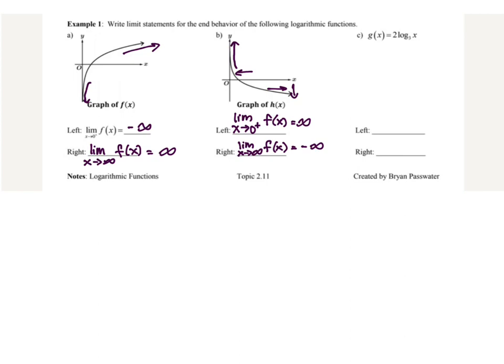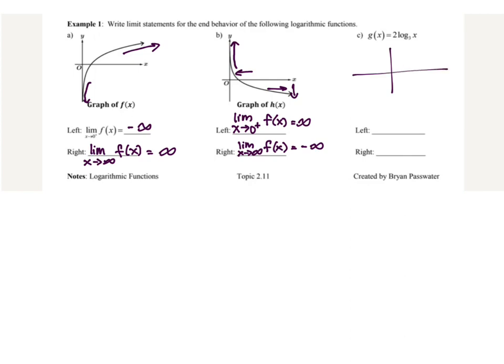So part C, we're kind of looking at the legend that we had up on the previous page. If a is positive, so that's the number in front of the log, then it looks like this. Lies, I drew an exponential. Gosh, I get so twisted with these.